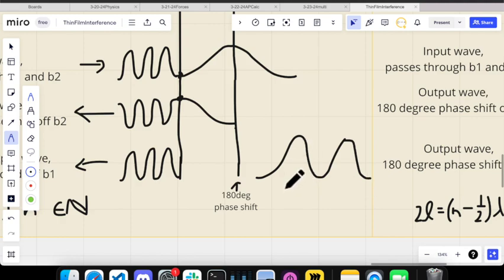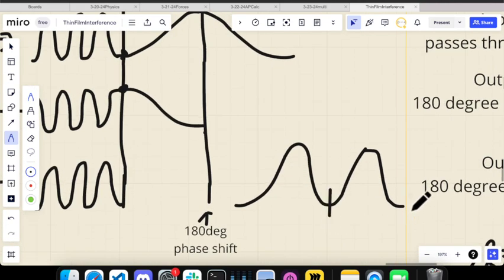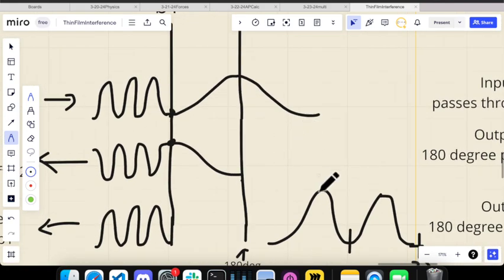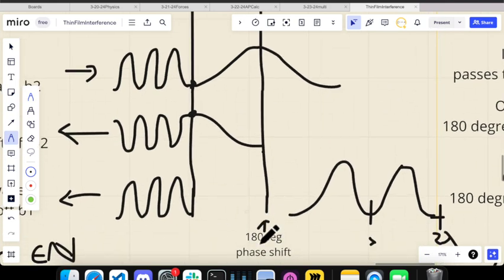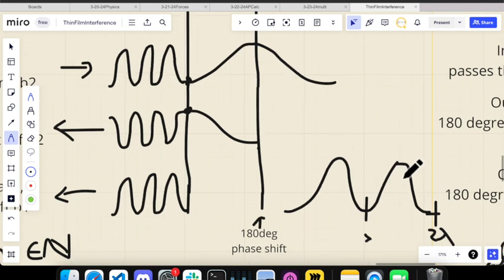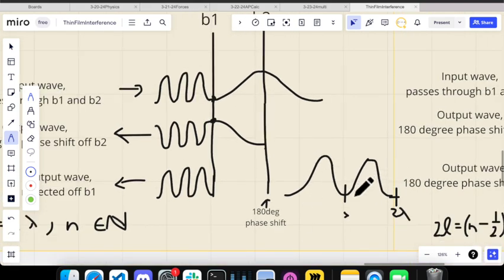So this is 1 wavelength, this is 2, say lambda, 2 lambda, and we know there's going to be an extra pi we get from the 180 degree phase shift, and we want it to match up, so that we start at a trough and we end up at a crest.